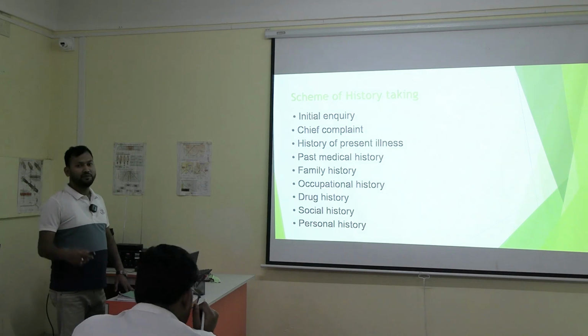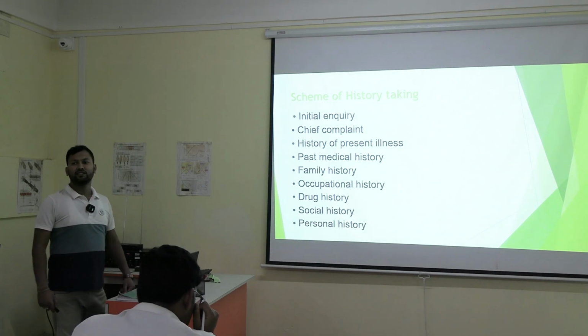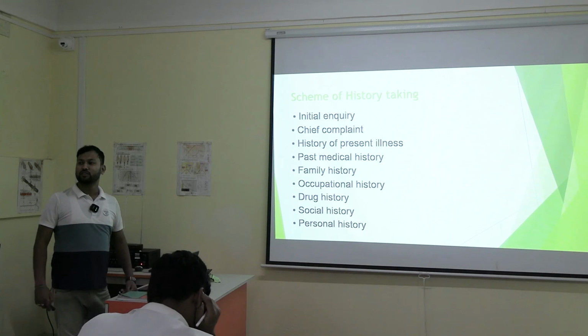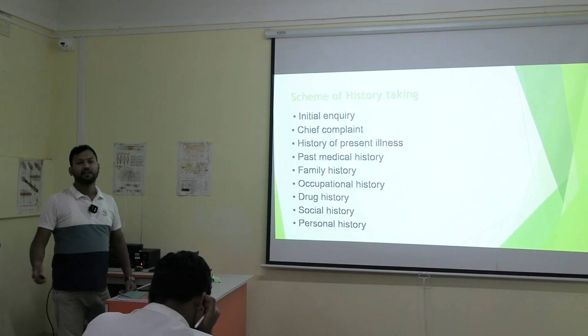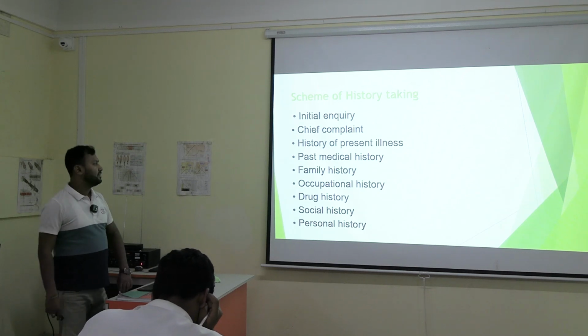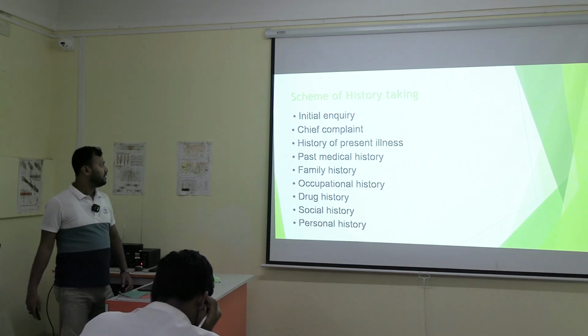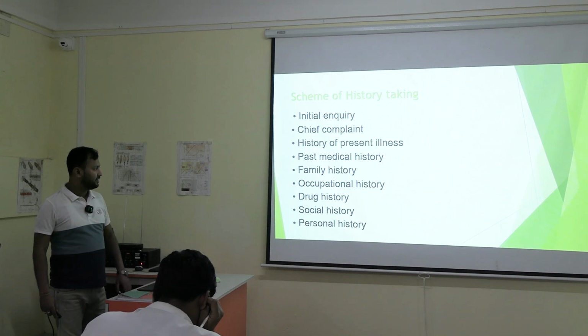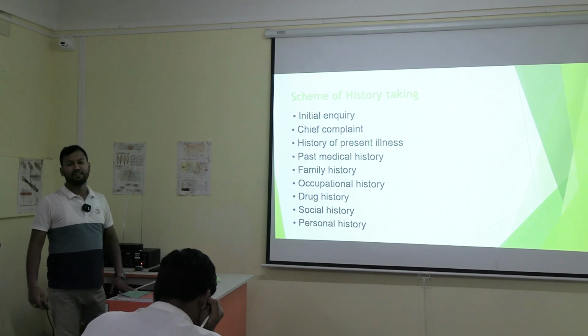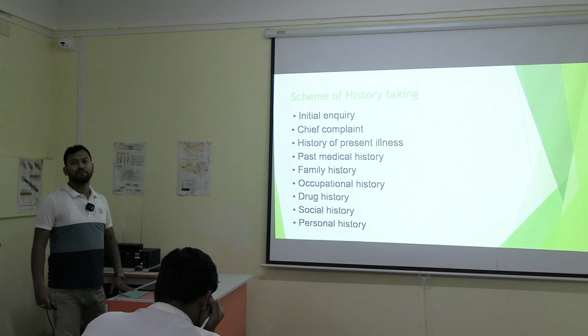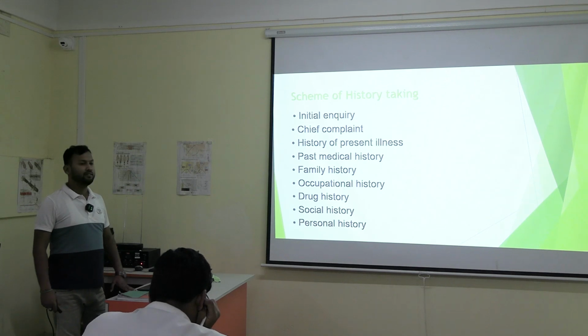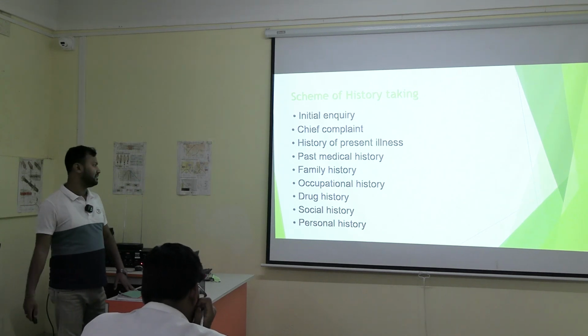We will have an initial inquiry. Initial inquiry you all know. We will be asking about his or her name, marital status, family history, then socioeconomic history, where the patient is staying, and then drug history, what kind of drugs the patient is taking, is the patient taking any medications, is the patient having any past history, means if the patient is diabetic or hypertensive or anything else.